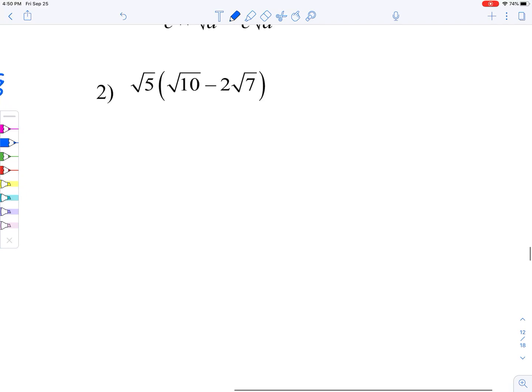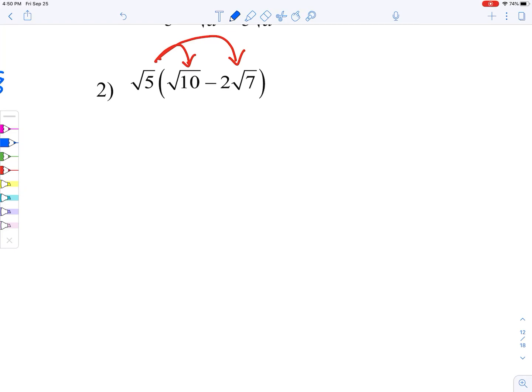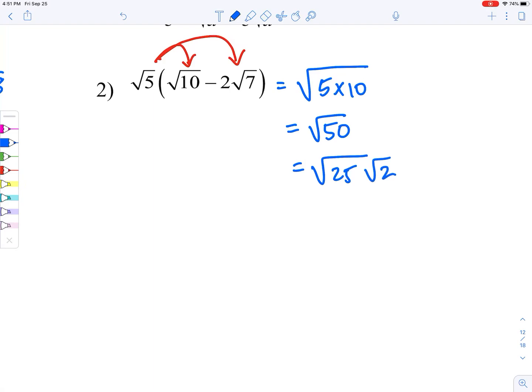Question 2, we're going to distribute some more. So to distribute the root 5 onto both of these, remember, inside times inside, outside times outside. Coefficients multiply together, the radicands multiply together. So this would give me root 5 times 10, or root 50, which I notice has a root 25 root 2.